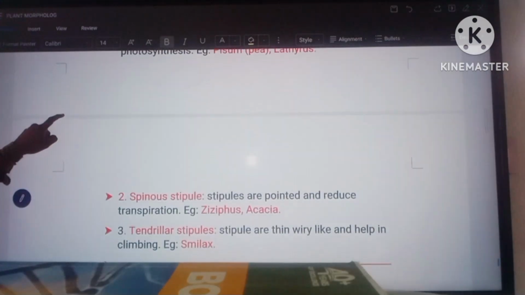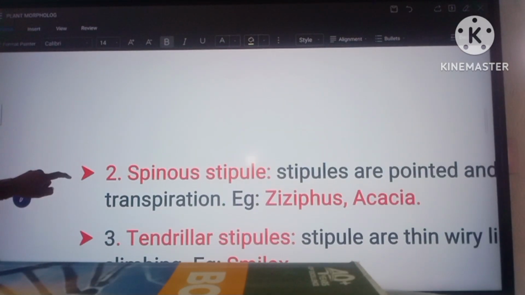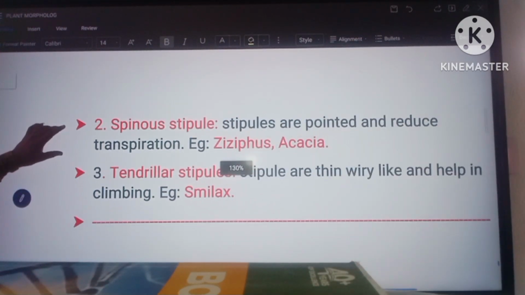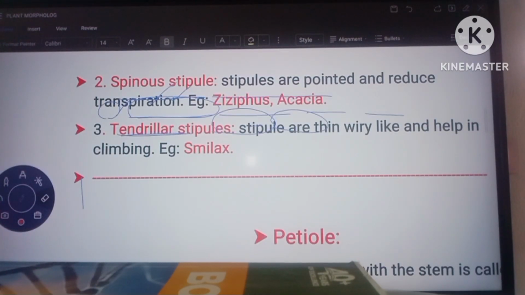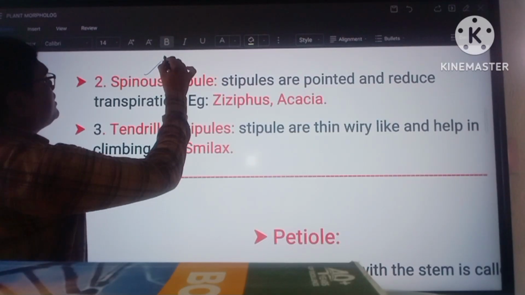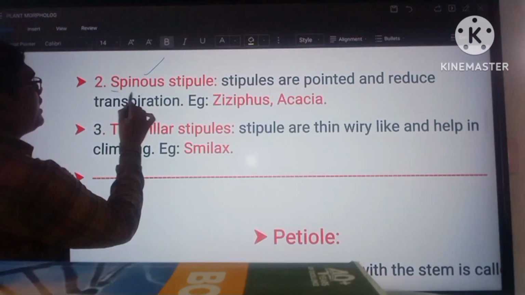Next, the second type of stipule is called spinous stipules.